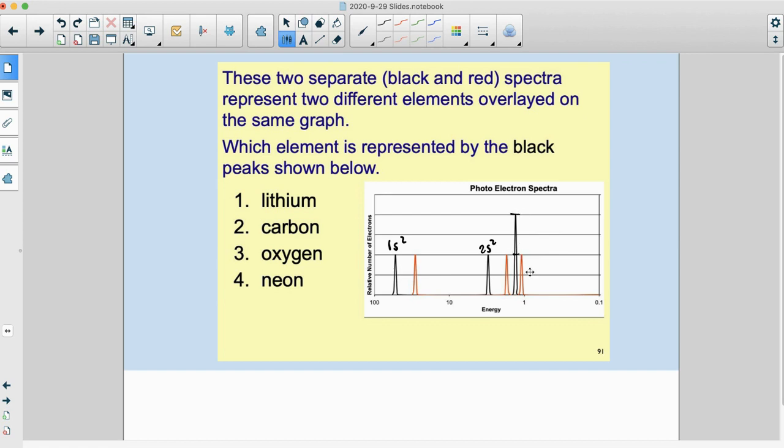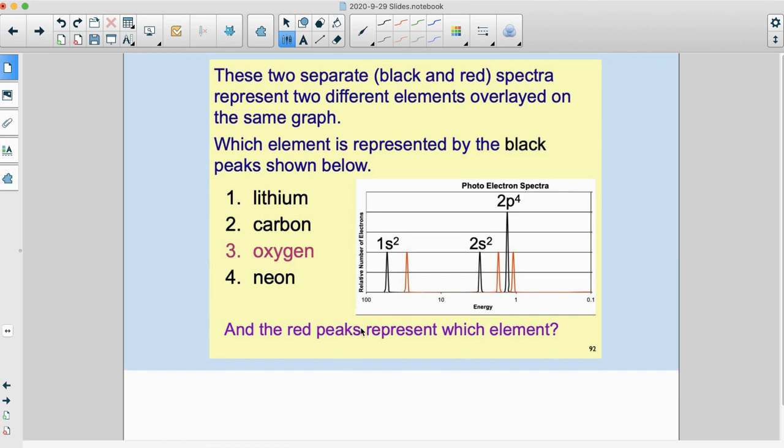We can see that it's twice as high, so this is 2p4. That would be 4 plus 2 plus 2, which means this is oxygen, 8 electrons.